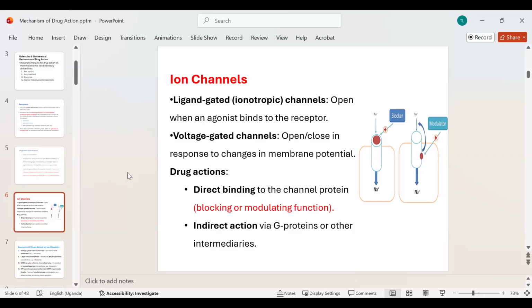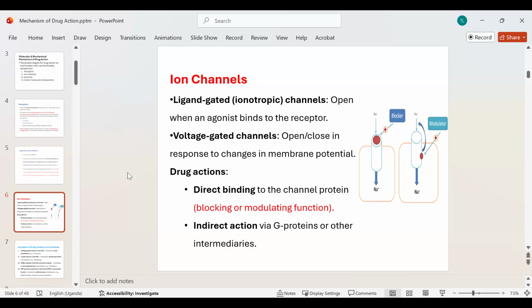A ligand is any chemical. A ligand can be an endogenous chemical like adrenaline, histamine, or anything, or it can even be a drug, a synthetic agent.